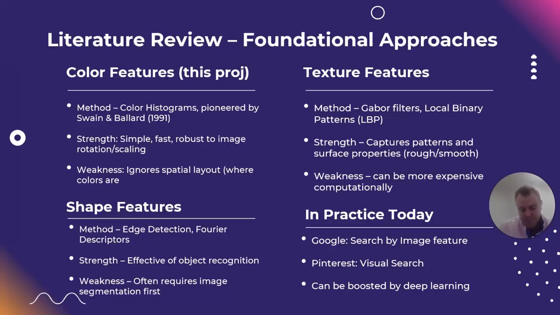And also Pinterest, where you can search by visual interests rather than just keywords, and this allows users on this platform to have more than one powerful search mechanism. And again, today these methods are really boosted by deep learning algorithms to bolster their effectiveness.